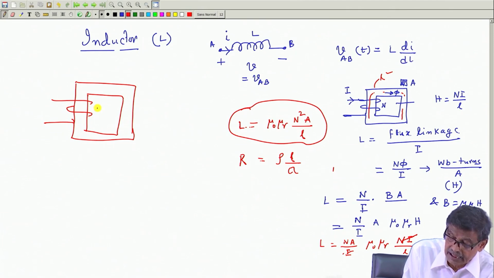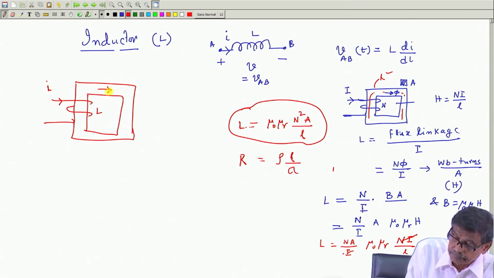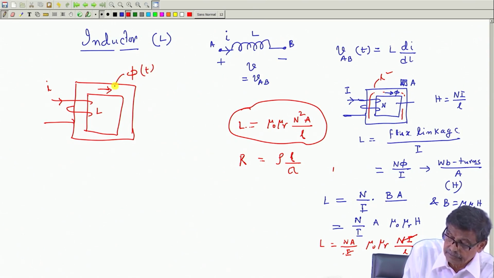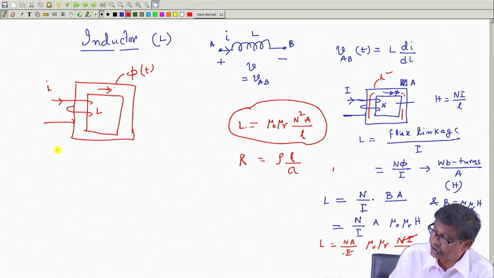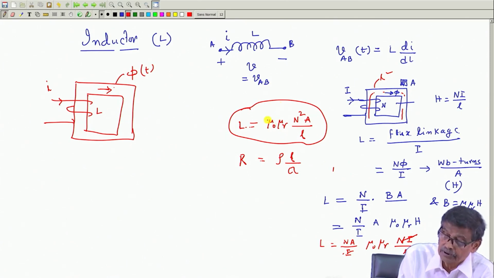This is L, and this is I, a time varying current I am passing. If you are passing a time varying current, flux produced in the core will also be time varying, phi t, is it not? Flux in the core will also be time varying, because phi can after all be related with H and mu 0. So, I is time varying, so phi t.